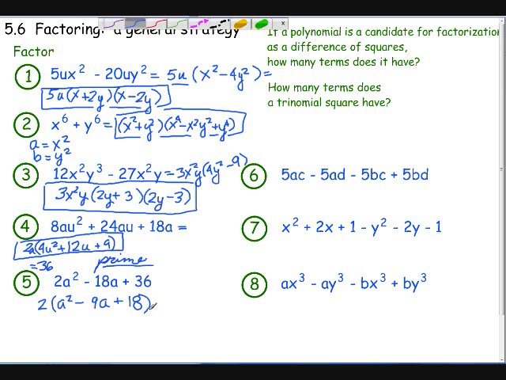Indeed we do. Negative 6 times negative 3. So I can go further with this. A minus 3, a minus 6.